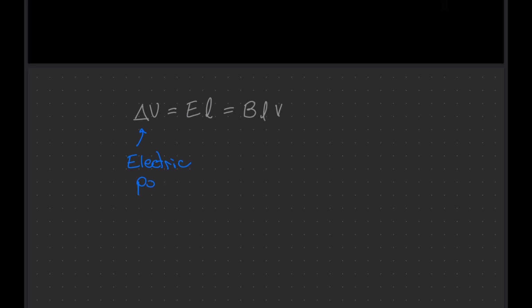Okay, so just looking at this, we know that this here is electric potential. This here is the E field, and this is the B field. And this over here is velocity. So if we just take this chunk of equations right here, I'm going to write that down over here.